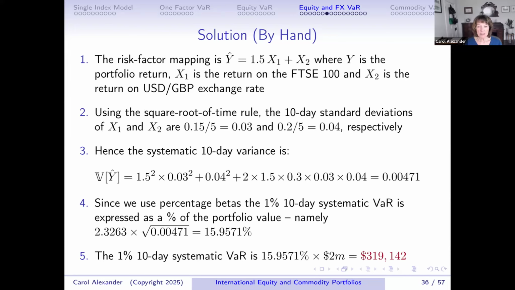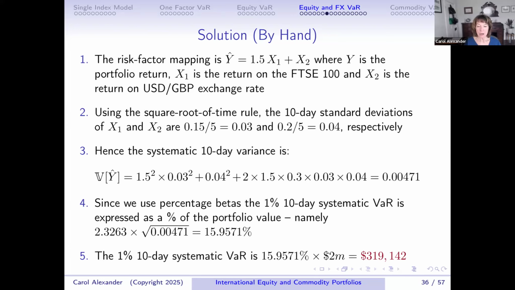And then we've got twice times the product of the betas, so we've got 2 times 1.5 times 1, times the covariance. And the covariance is the correlation times the product of the standard deviations. Correlation, of course, does not scale with anything. It's unitless. We never apply the square root of time rule to correlation. We end up with a result of 0.00471 for the variance.